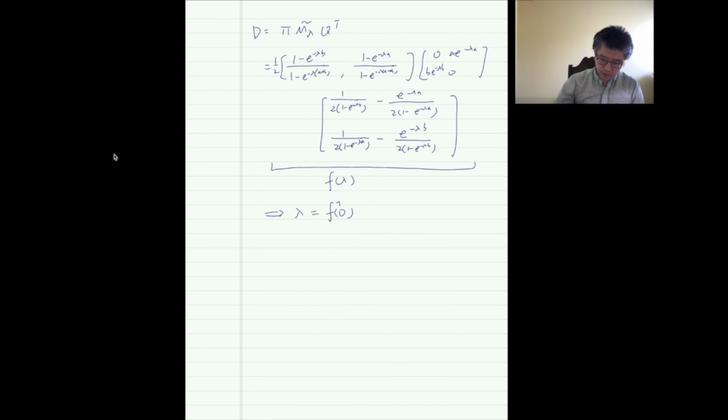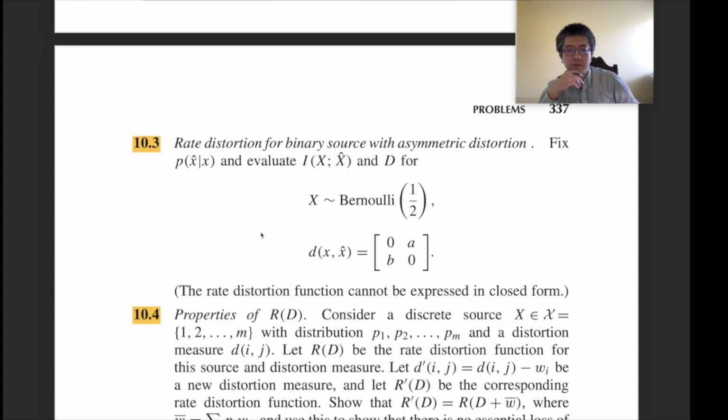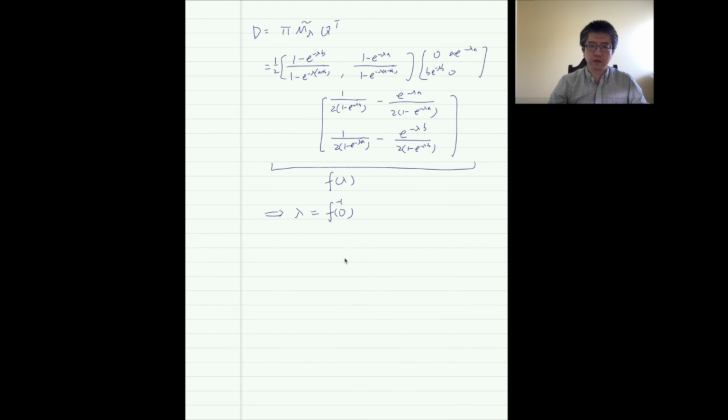Remember that this problem says the rate distortion function cannot be expressed in closed form, which is probably true, because we have a very complicated function here.